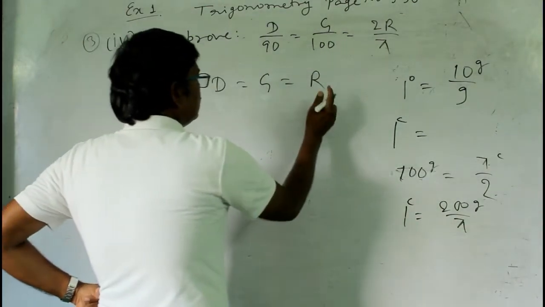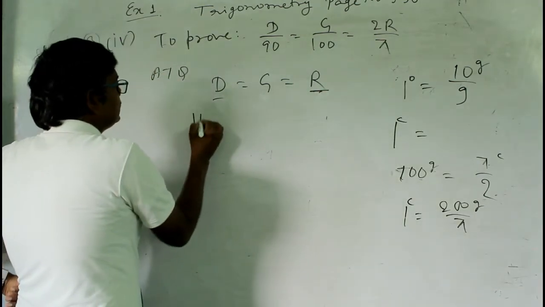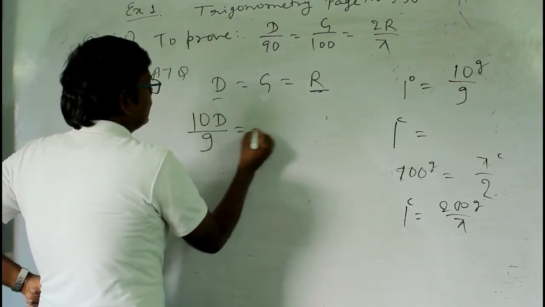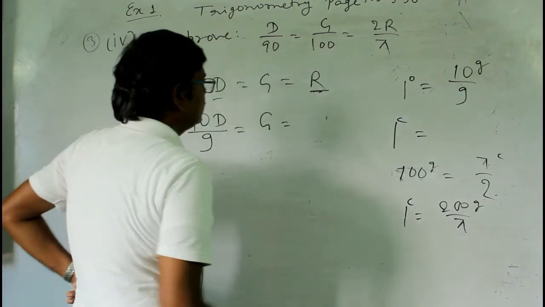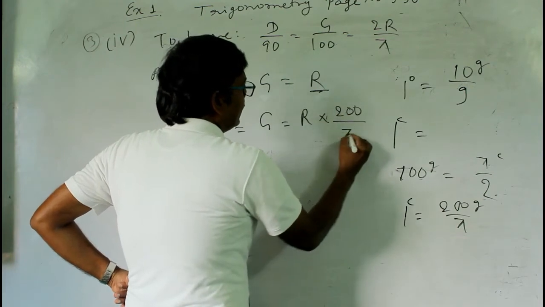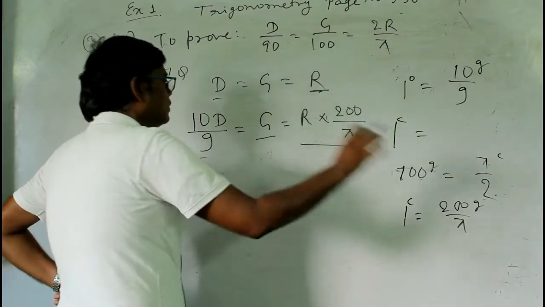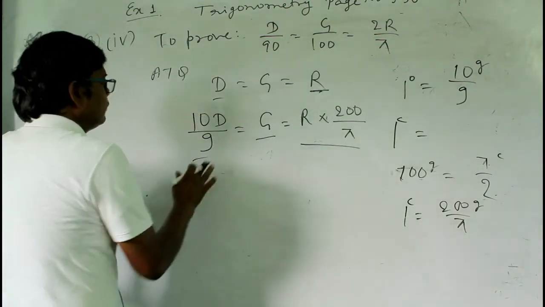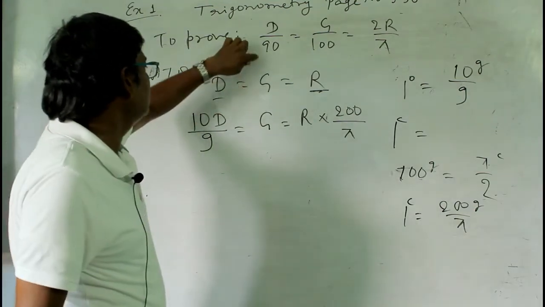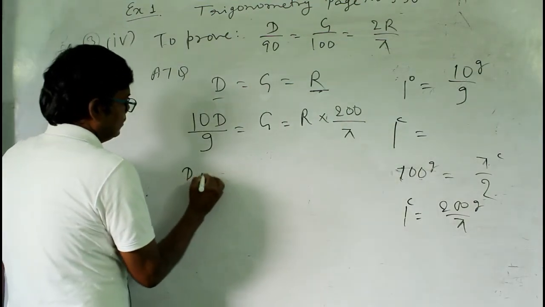So now convert this into grade and this into grade. Here it will be 10 d by 9 grade, and this is already in grade, and then r will be r into 200 by pi grade. Now all are in grade here. Now we will get the answer. Because we have to bring 90 here, divide all by 100.